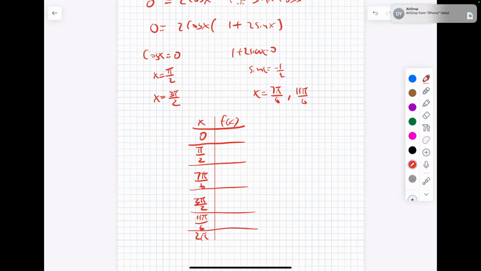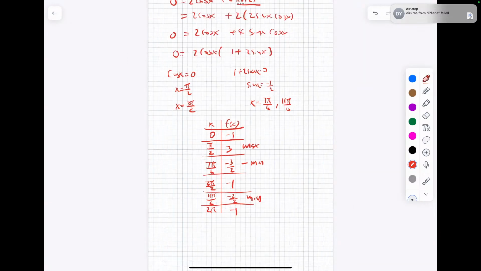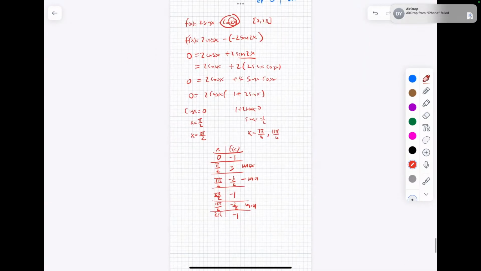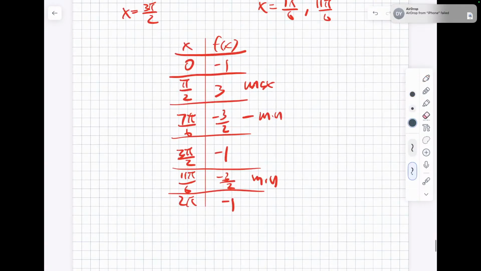And the values are going to be -1, -3 over 2, -1, -3, -3 over 2. You can take a picture of this, it's fun.